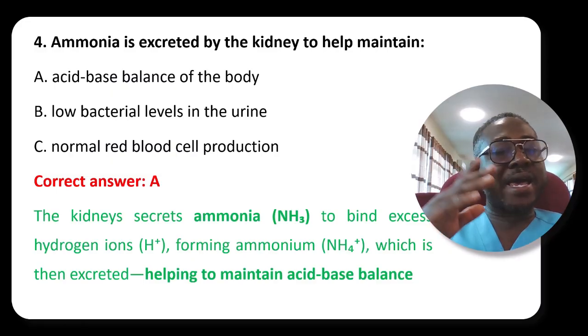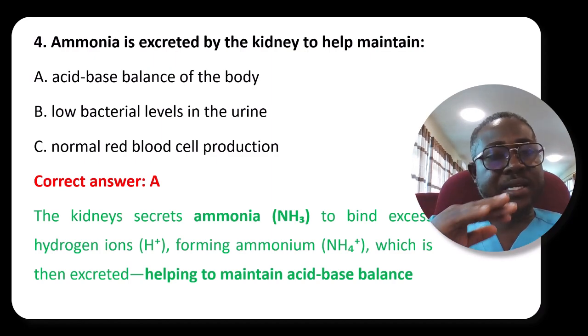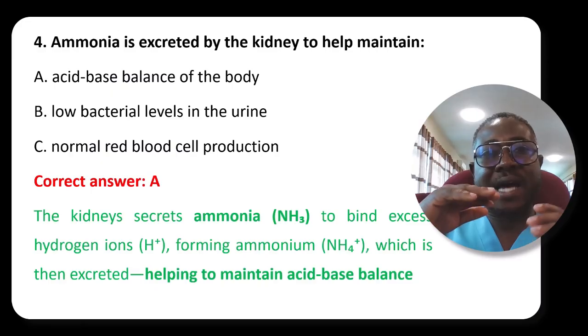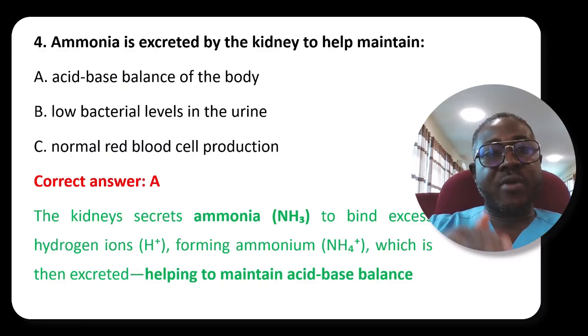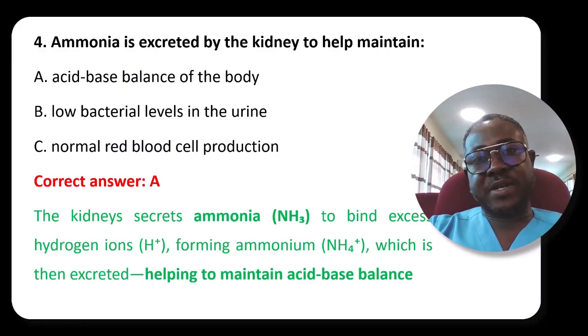Remember we said that the higher the hydrogen, the lower the pH, and the more acidic the blood becomes. And so when there's excess hydrogen, when there's acidosis, the kidney secretes ammonia in the renal tubules. This ammonia combines with the hydrogen ion, they form ammonium, so that it can be excreted by the kidney. And that helps to maintain the acid base balance or correct the acidosis.